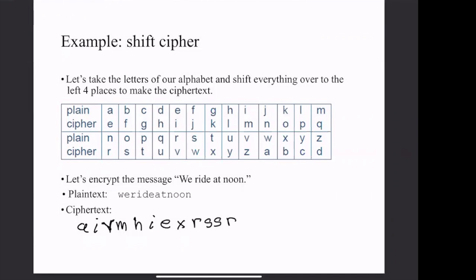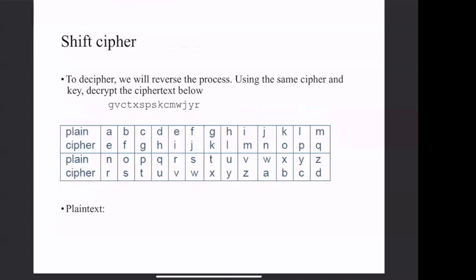So what we have right here is our ciphertext that we can then send to our friend. And of course, to go the other way around, we have our table here, so we can go the opposite direction. Now, when I have my ciphertext, I just want to go look at the bottom row and move to the top row. So every time I see a G, I look for G, that's going to be a C.